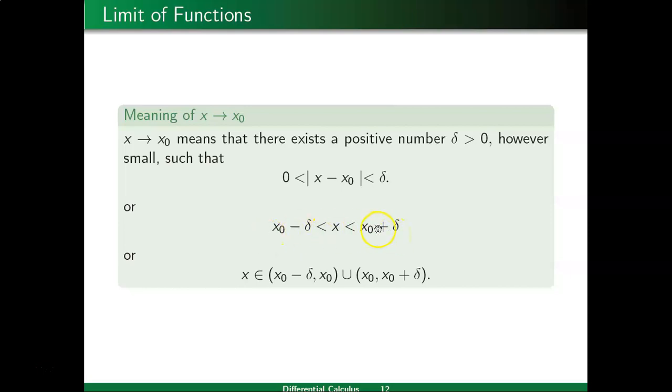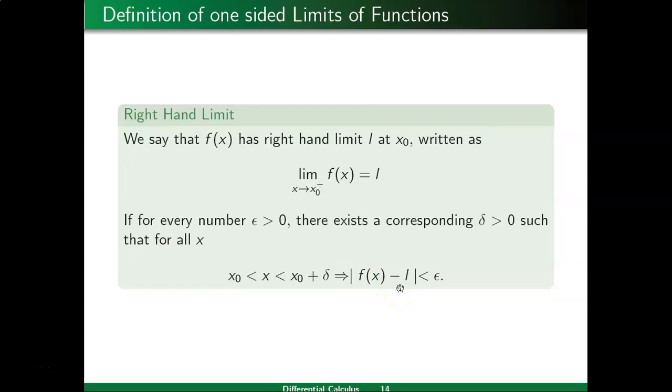This is obtained by applying absolute value properties to this condition. Or we can say x belongs to the interval x naught minus delta to x naught, union x naught to x naught plus delta.